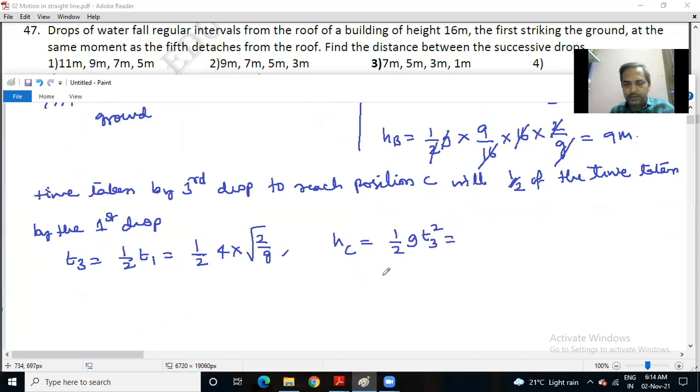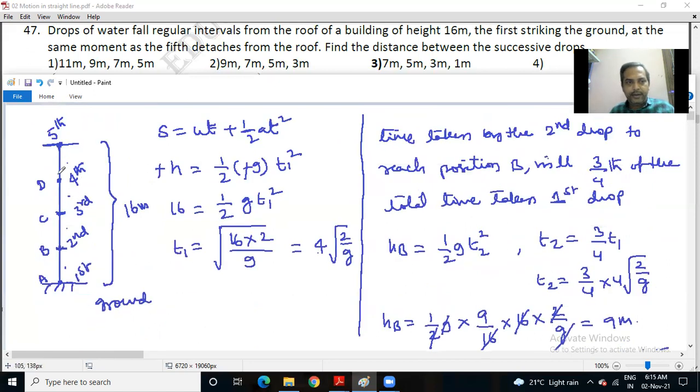Once again, using S equal to ut plus half at square only, HC is equal to half into g into T3 square. So it will be 1 by 4, this will be 16. The root gets cancelled, it will be 2 by g. So 2 and 2 get cancelled, g and g get cancelled, so it will be 4. So from the top, the third drop is at 4 meters.